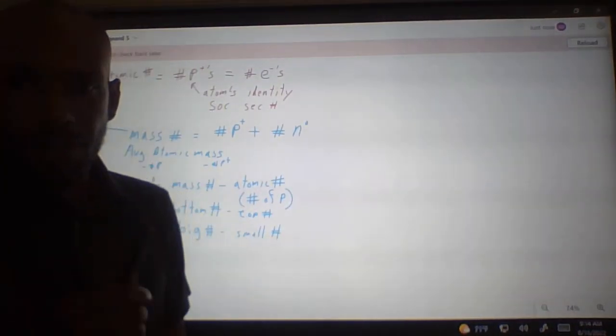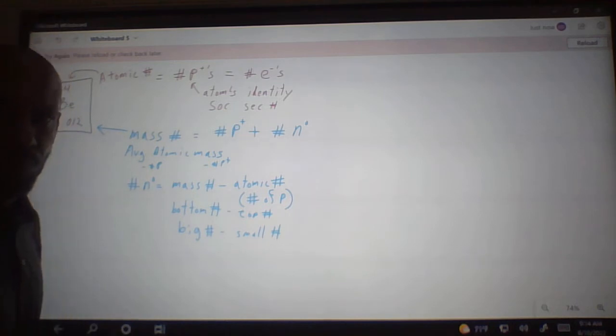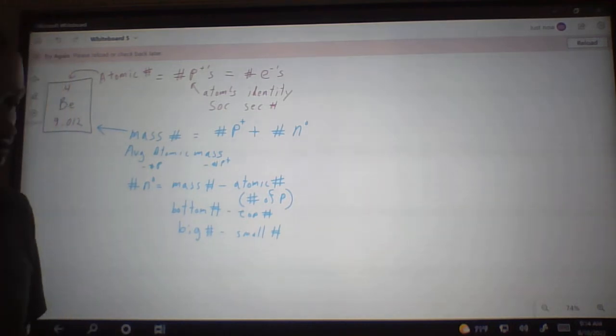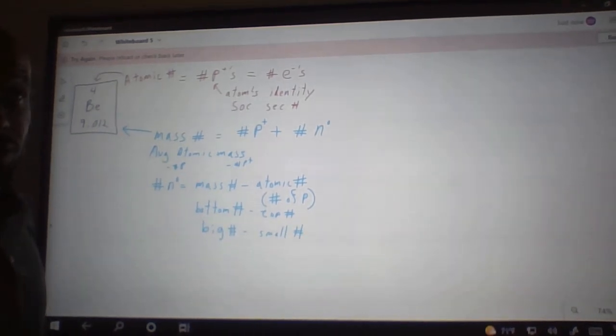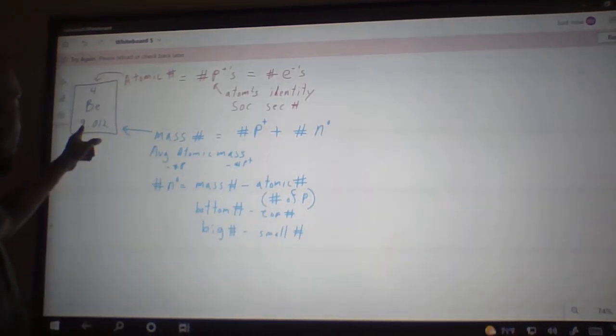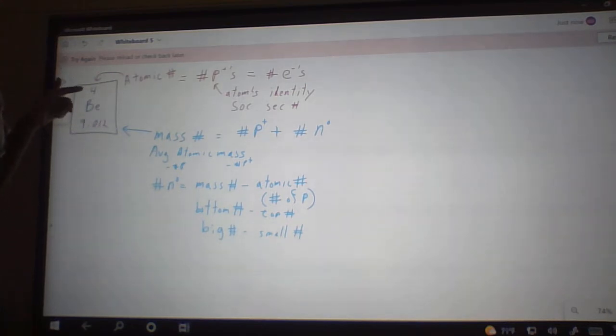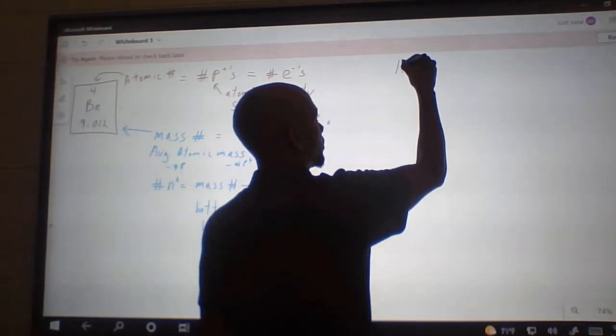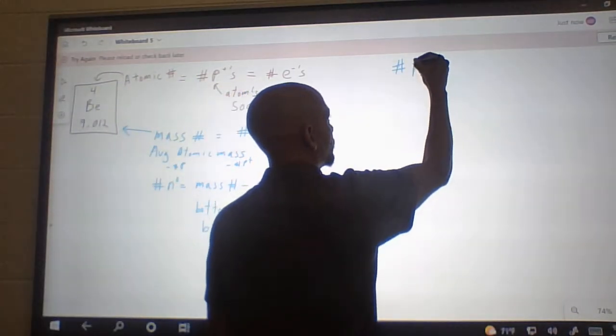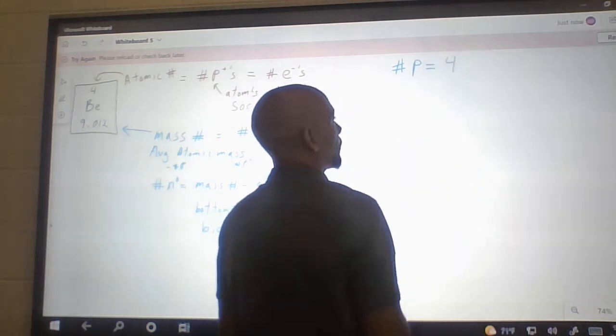All right, so now as we build our atom, we're going to take this information. So I know that this one has 4 protons. It also has 4 electrons. And then if I wanted to find the number of neutrons, bottom number minus the top number, that would be 5 neutrons. So here, our number of protons equals 4.